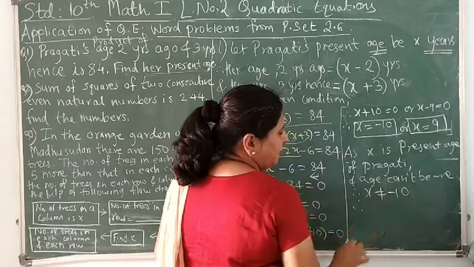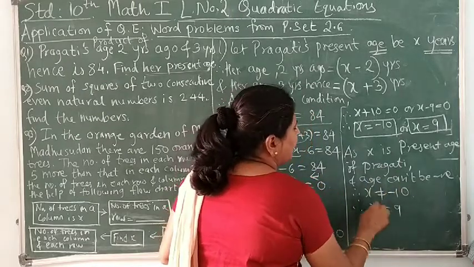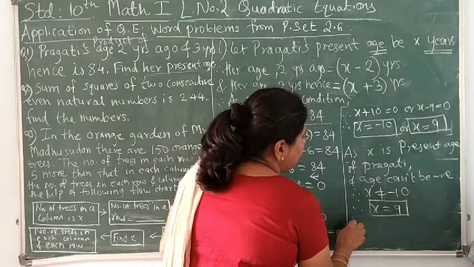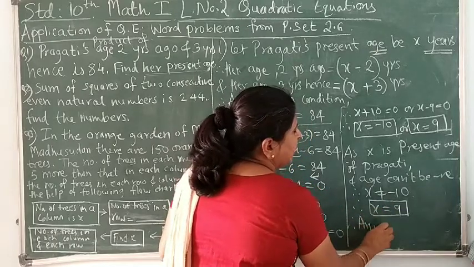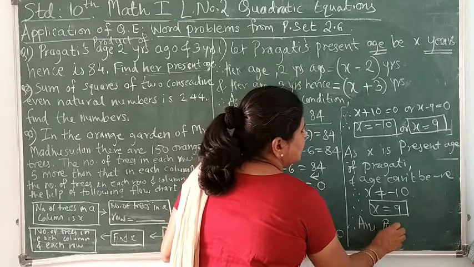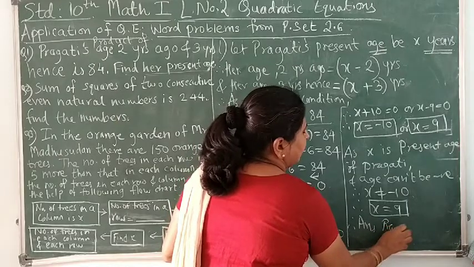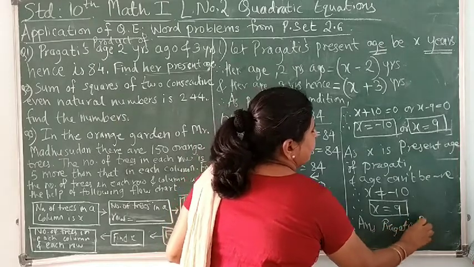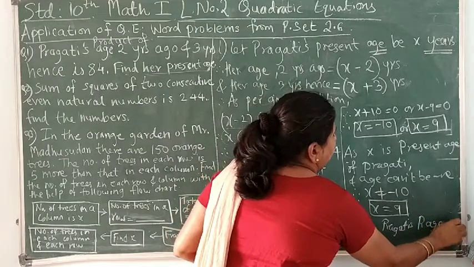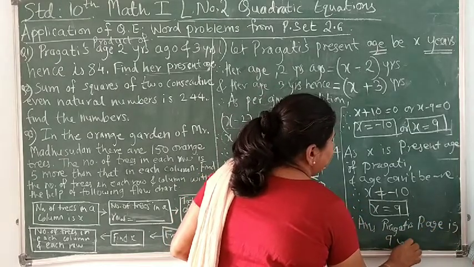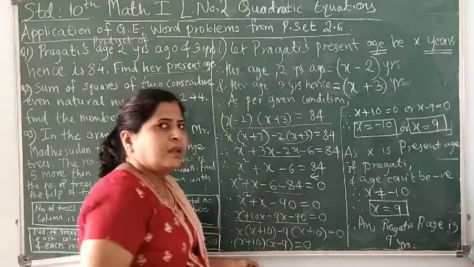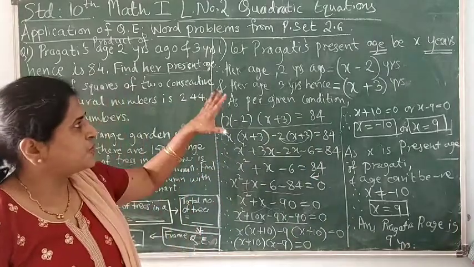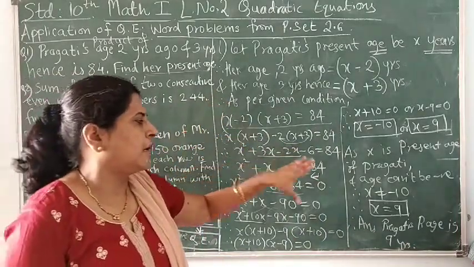So we are discarding this value, and therefore x should be equal to what? 9. And therefore your answer will be Pragati's present age is 9 years. Okay, so in this way we have to write our answer.